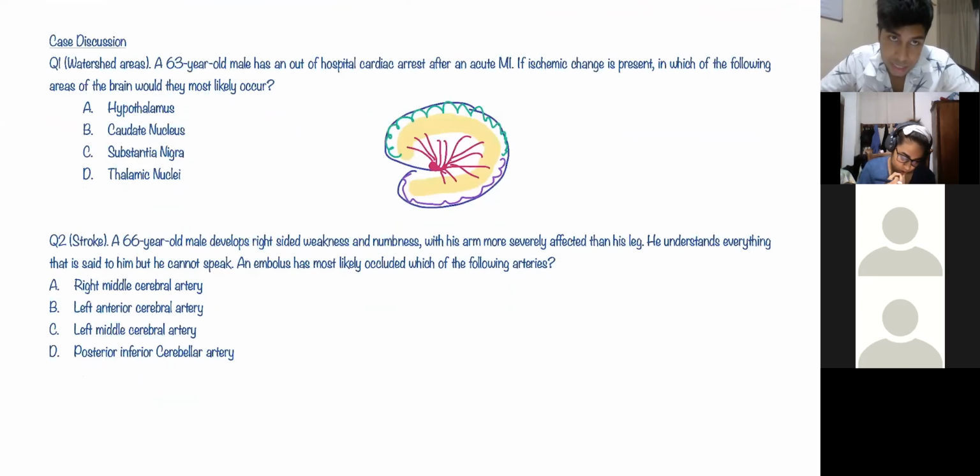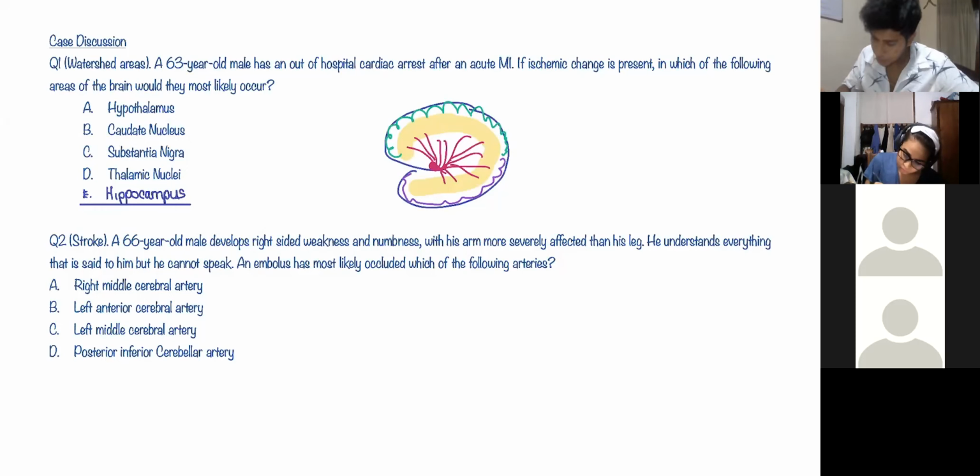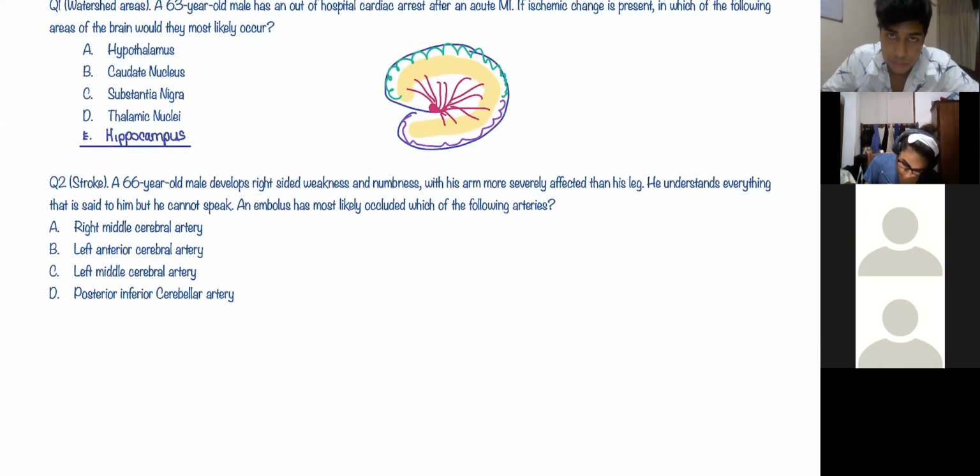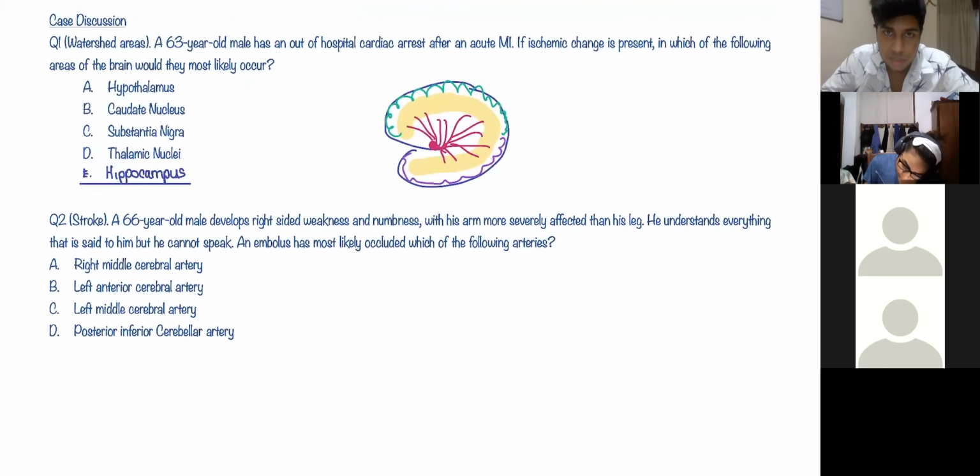At the beginning of the lecture, I told you, okay, I haven't put that option. It's hippocampus. Sorry, my fault. Okay. The hippocampus is what's most likely to be affected. Sorry, that is my fault. And this is the watershed areas we talked about.